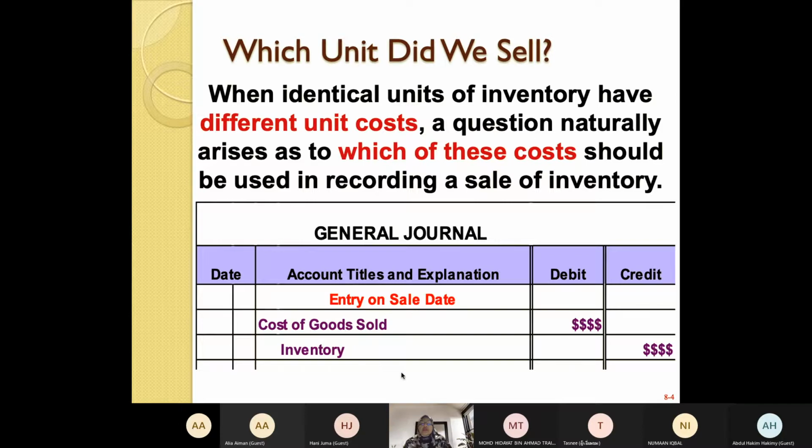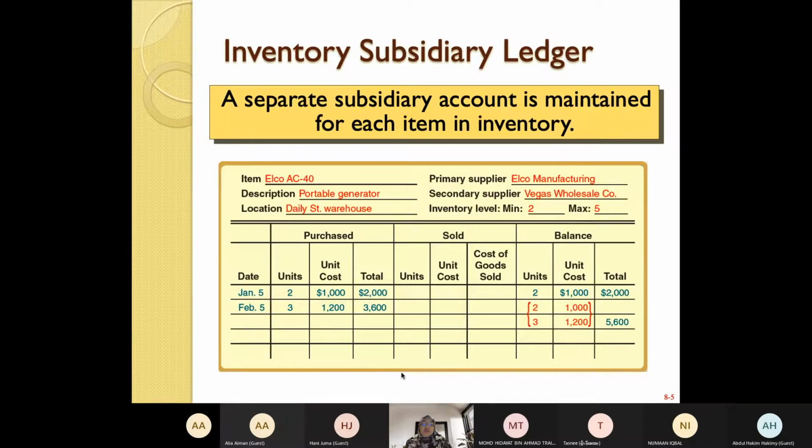What we do is have what we call an inventory subsidiary ledger. This ledger maintains a record of each item in inventory, and this is normally done if you have a high volume or high sales value, or the items are very expensive.